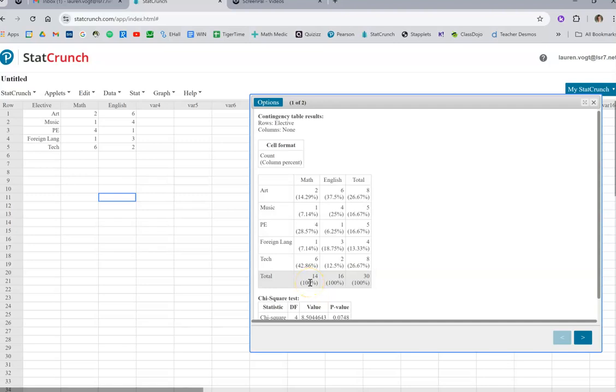And then these other percentages should match our conditional distribution. So the ones in parentheses, we've got the 0.14, 0.375, 0.071, and so on. So that gives you the conditional distribution that you needed to find. So if you do that, then you can enter in all of your data in your homework like that.